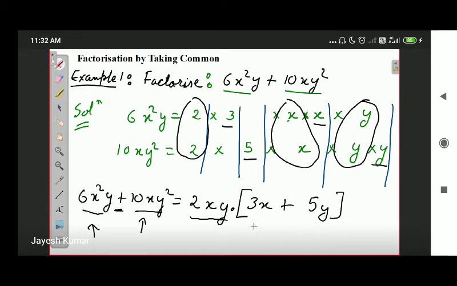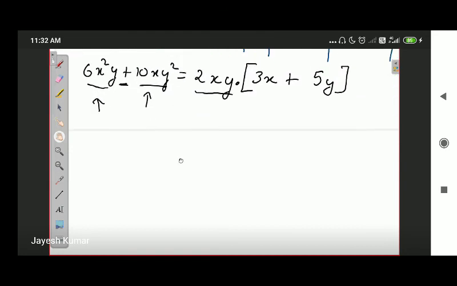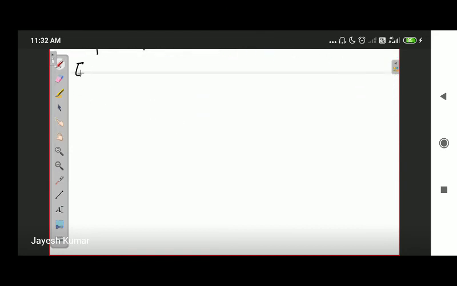Okay. Let us take one more example so that you can understand it better. This is once again example number 2 of your book, once again same page, page number 108. Example number 2 is factorize.